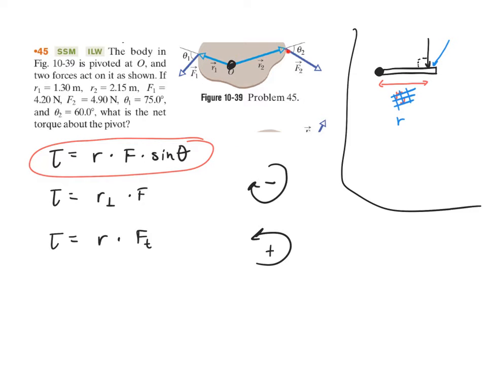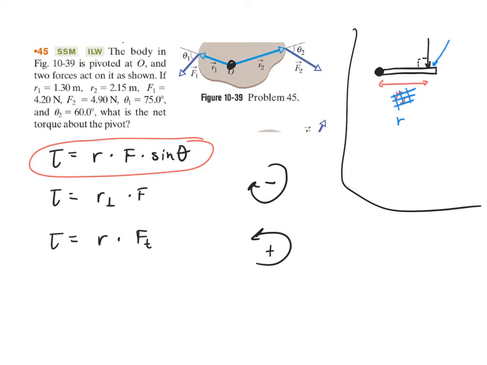F2 pulling down on the right can only turn it in the clockwise direction. F1, though, would cause it to rotate counterclockwise. So F1 is going to produce a positive torque, and F2 is going to produce a negative torque in this problem, because F2 makes it go in the direction of the clock, which is considered negative here.